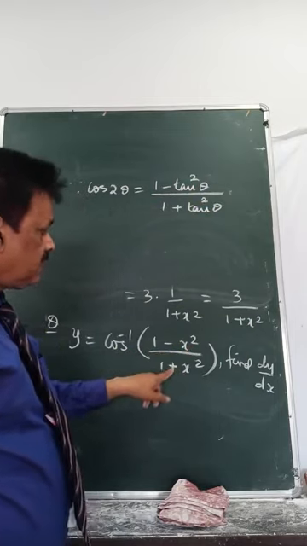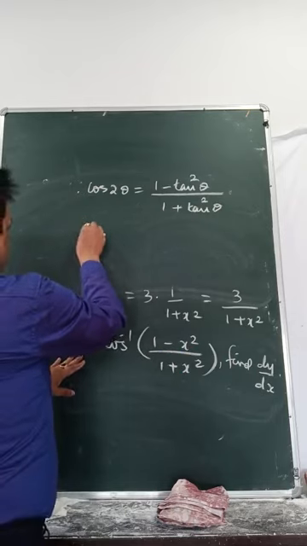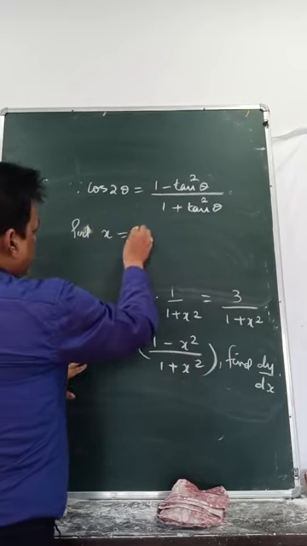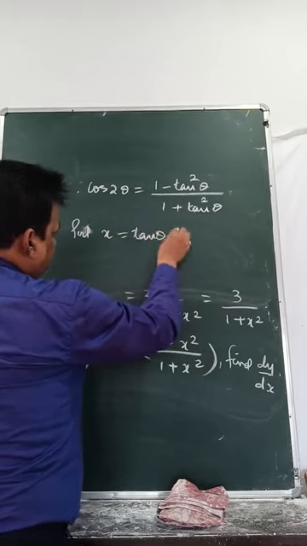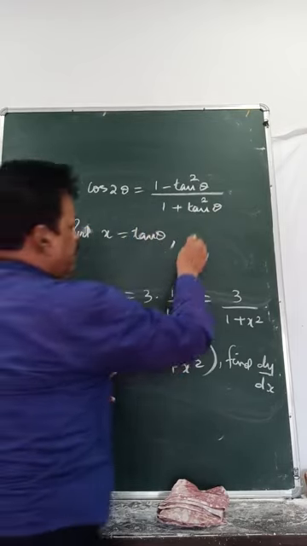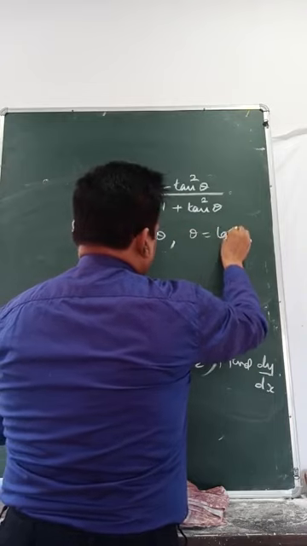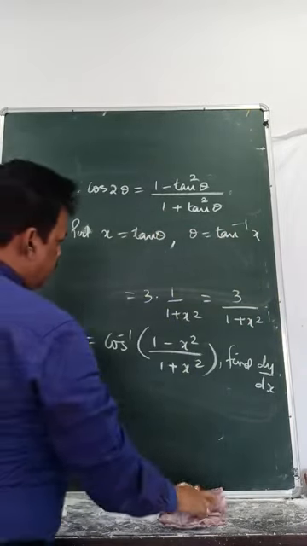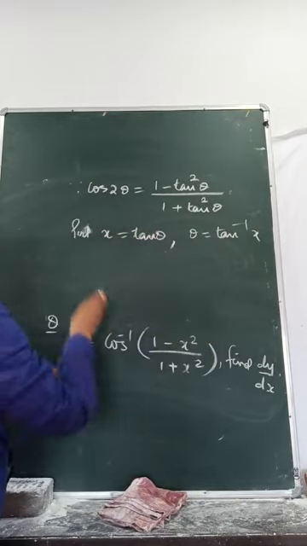So I can put x equals tan theta, so theta will be tan inverse x. Then what will be y for us?